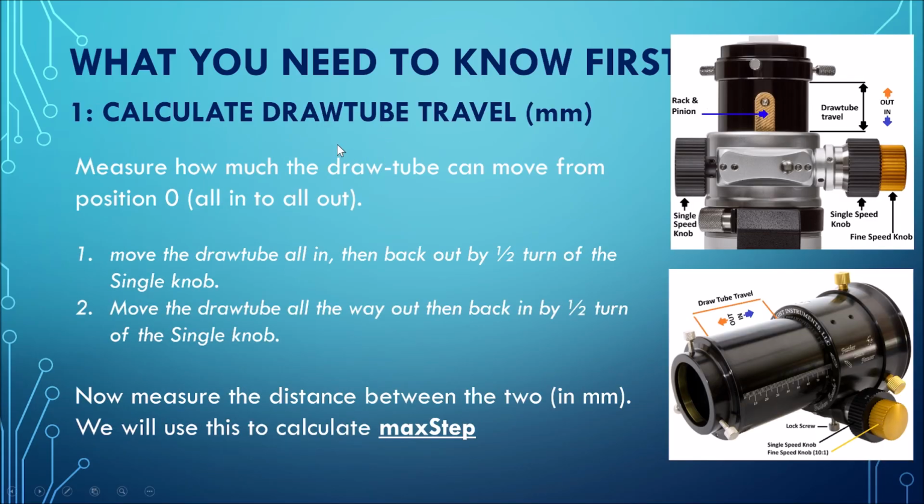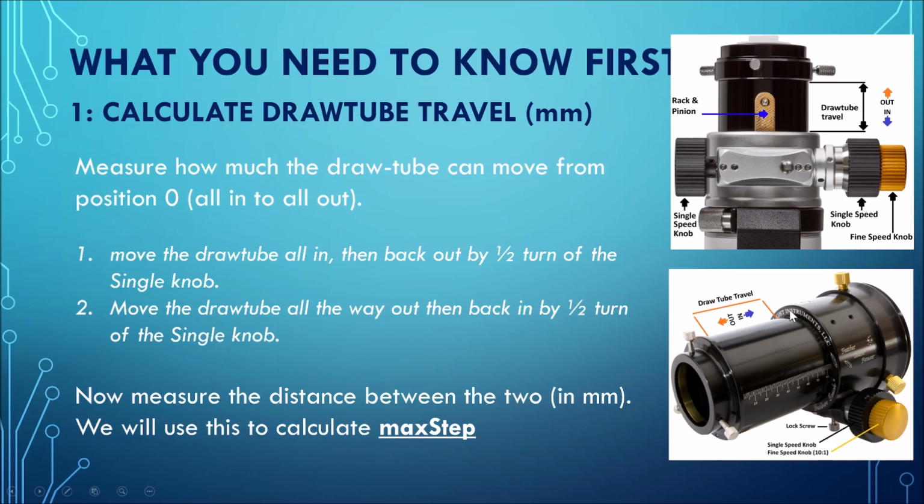What we need to do now is calculate the draw tube travel in millimeters. And you see here there's a full in position where it can't move any further, and also a full out position. And this happens on all focuser types. So what we need to do is measure this to the nearest millimeter.